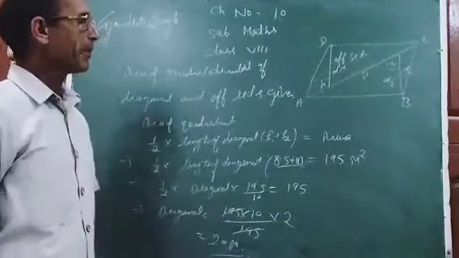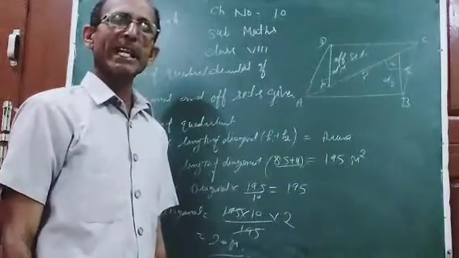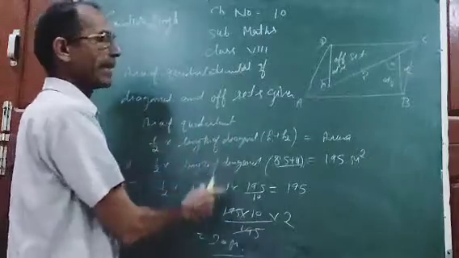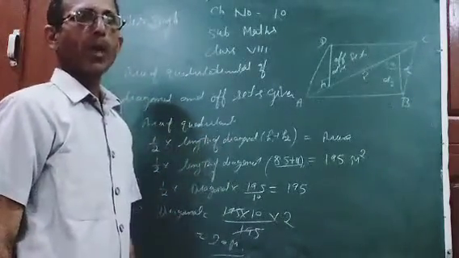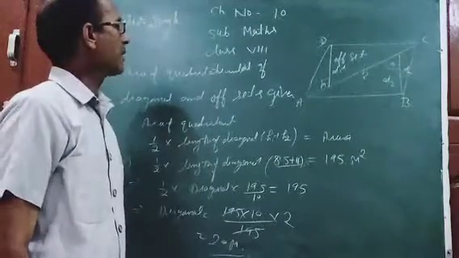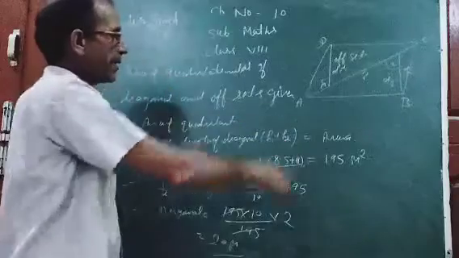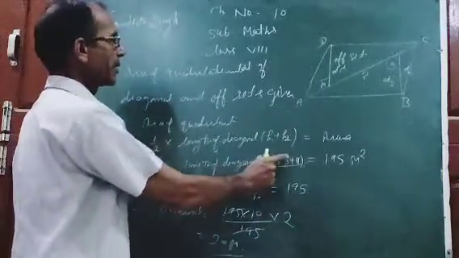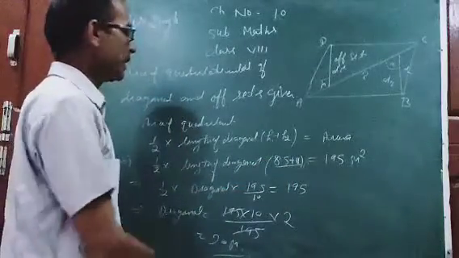So once again I am repeating. If the diagonal is not given, offsets are given and area is given, the formula is 1 by 2 length of the diagonal multiplied by the sum of offsets, it means S1 plus S2, is equal to area. Offsets are 8.5 plus 11, it means 19.5.